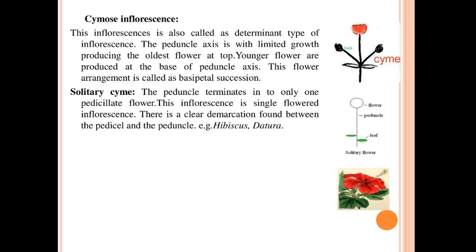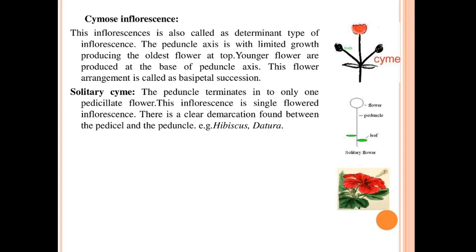The second main type of inflorescence is your cymose inflorescence. So, as we have already seen, cymose inflorescence is the determinate type of inflorescence, that having limited growth. Now, the tip of the inflorescence is terminated into a flower. So, the older flower will be at the top, the younger flowers will be at the base.